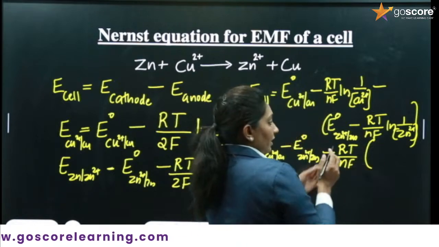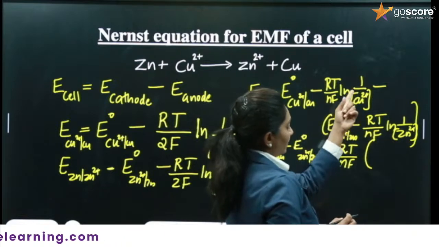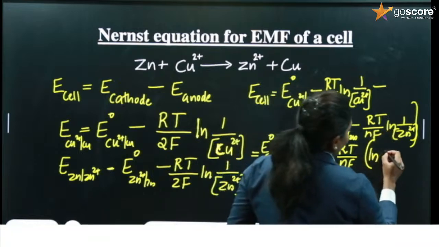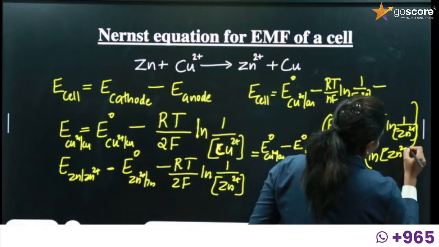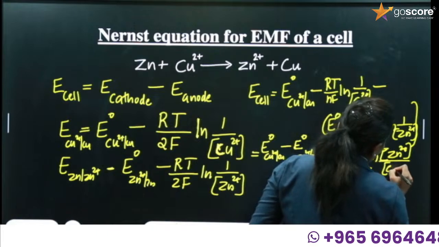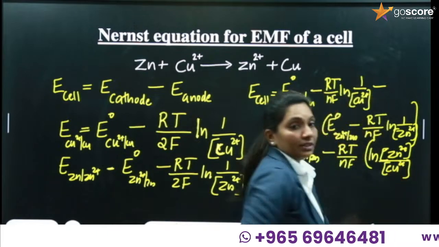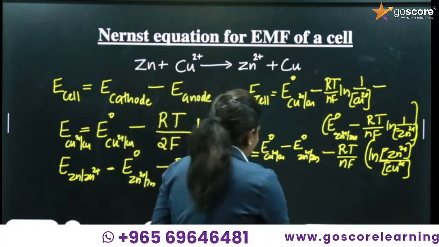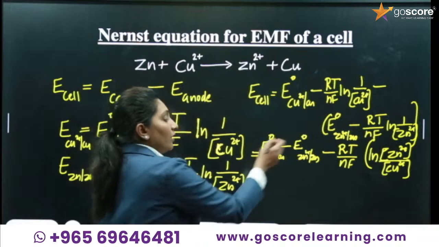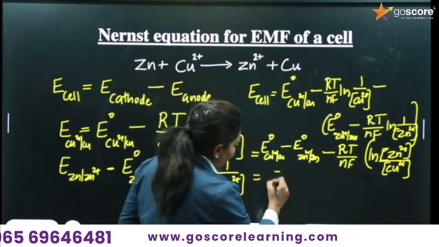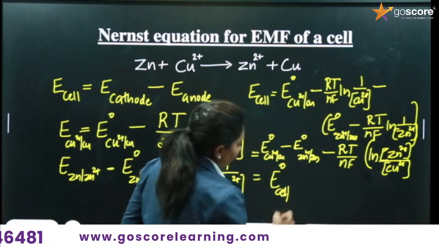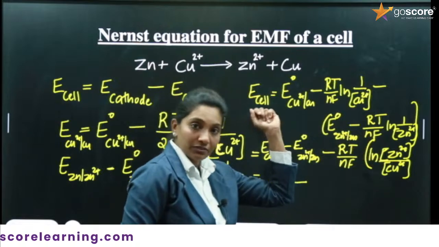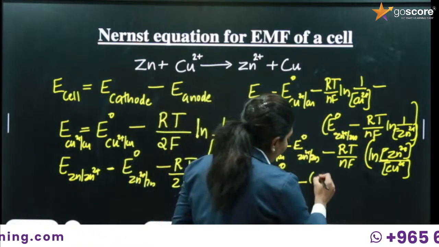You will get ln of Zn2 plus divided by Cu2 plus. Okay, so what is this? E naught cathode minus E naught anode, that is the E naught cell, right? E naught cell minus, if you substitute the values of RT and convert it into log value, what will we get?